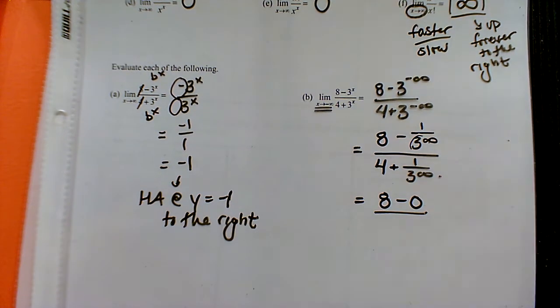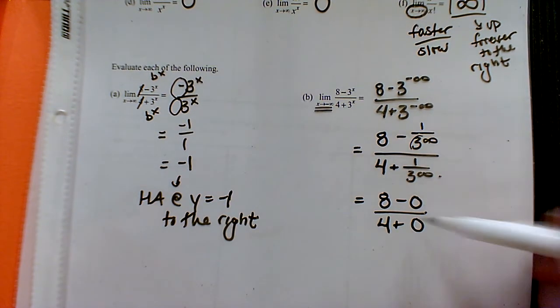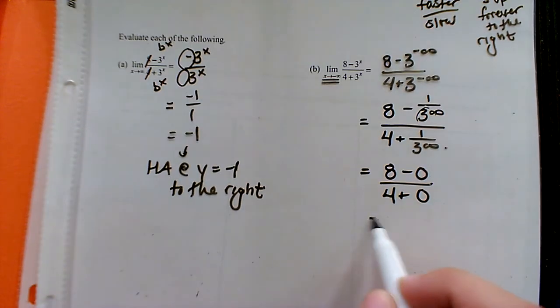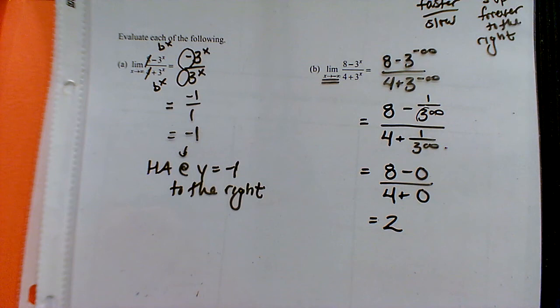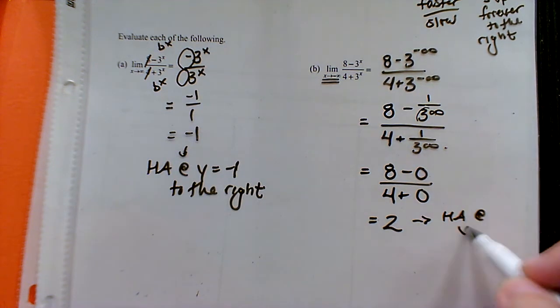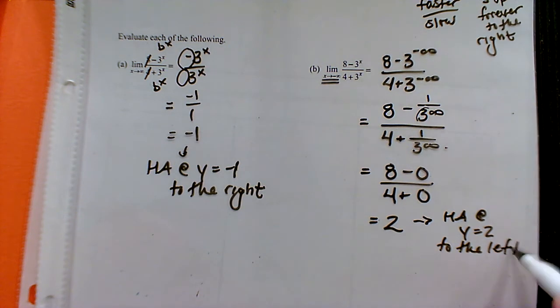Can't we do the same thing down below? We also have 1 over something huge, which is basically 0. So it looks like in this case our limit value is 2. So we have a horizontal asymptote at the y value of 2, specifically to the left.